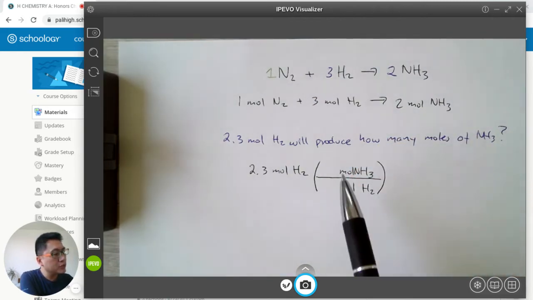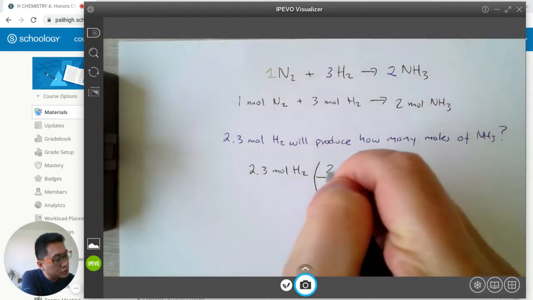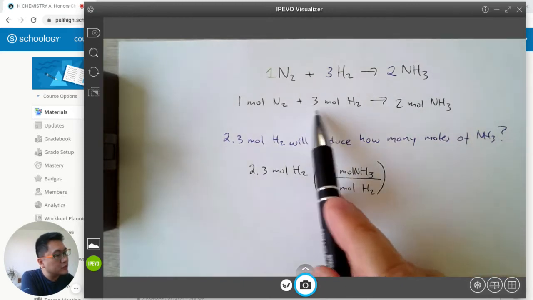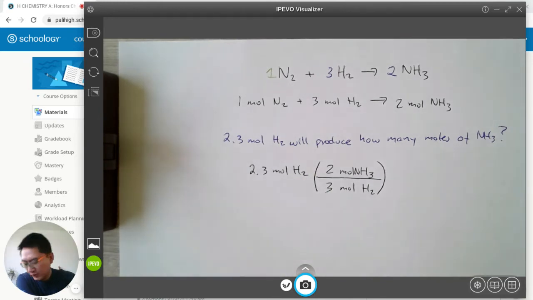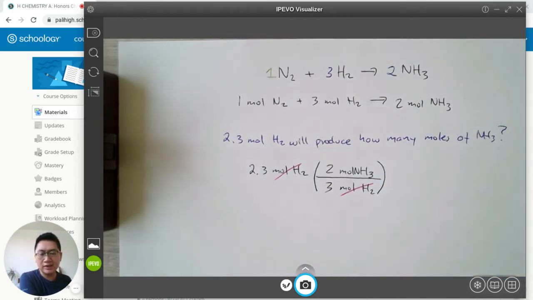And a relationship between moles of ammonia, NH3, to moles of hydrogen will be 2 to 3. 2 moles of NH3 ammonia comes from 3 moles of hydrogen. I put the moles of hydrogen, H2, into the denominator so that it will cancel out.